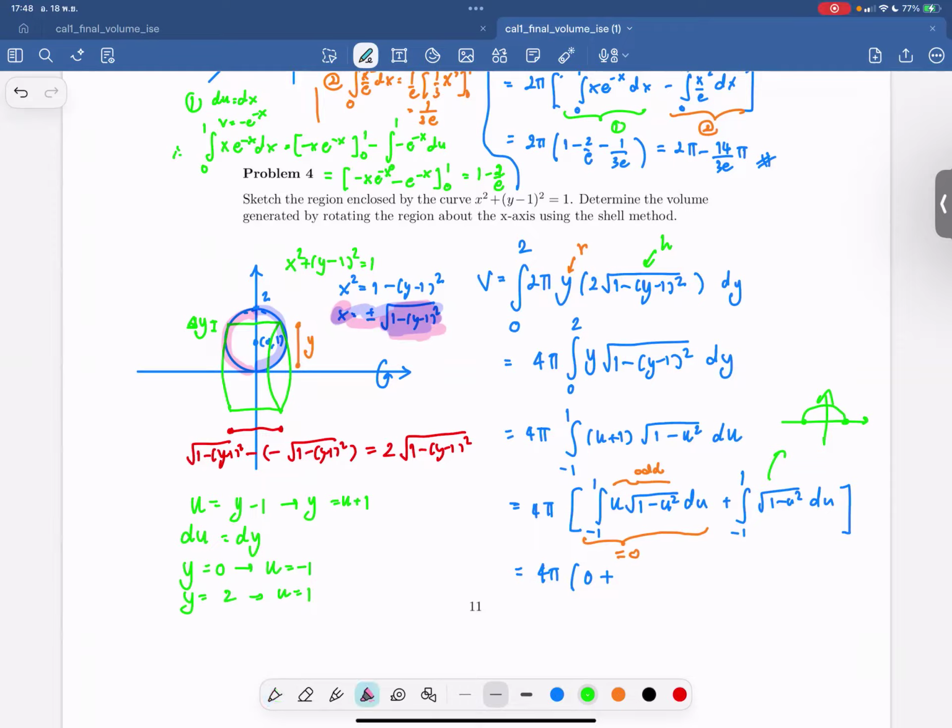So it should be pi over 2. Combining, we have the final result, 2 pi squared.